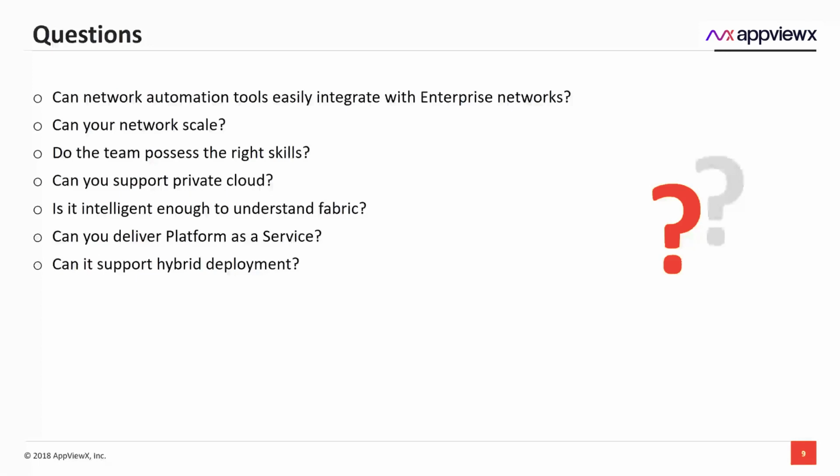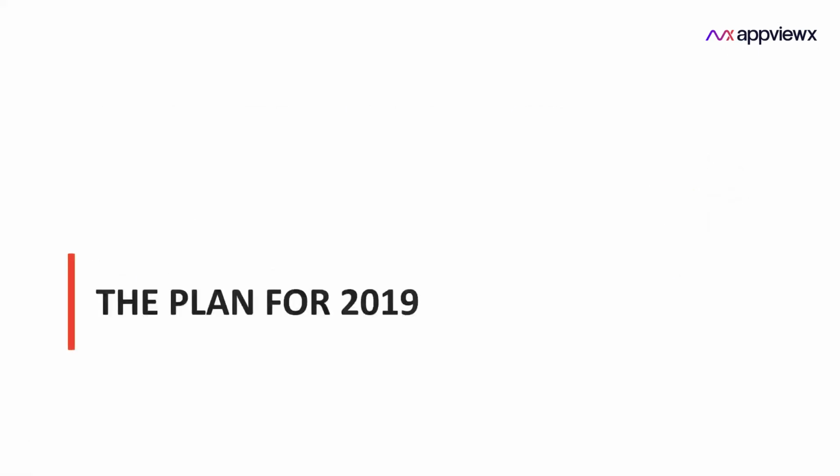And are you looking to offer a platform as a service to your internal customers? Are you looking to support hybrid deployments? All of these have to be looked at when you're looking at an automation solution. And you'll have to look at the priorities, because these are all different aspects in an enterprise, in a business.